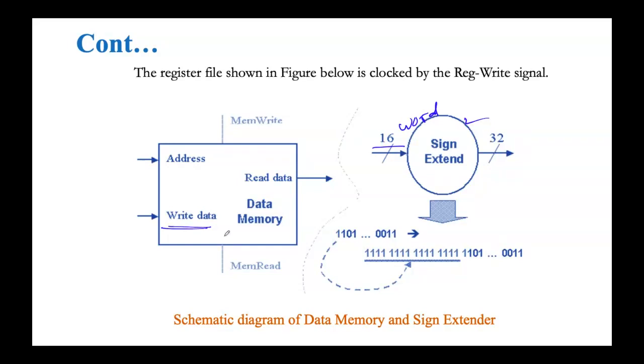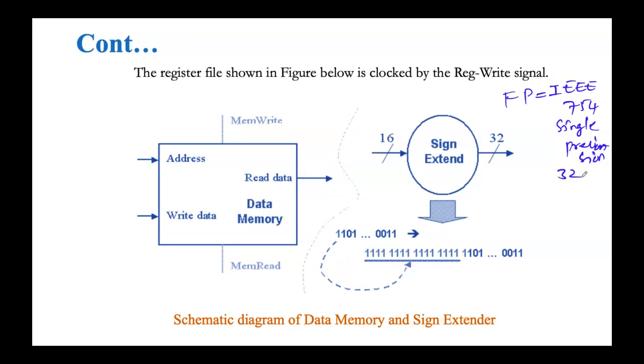When we saw the signed representation of numbers, we use the IEEE 754 single precision, which takes 32 bits.